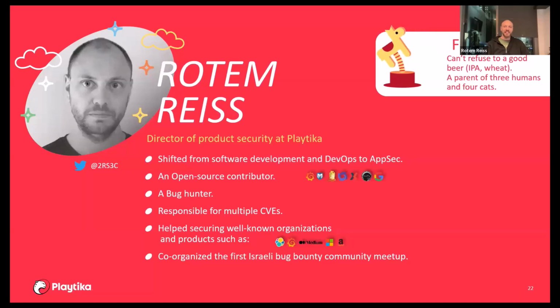I think this is an integral part of the work of protecting something: you need to know how to break it. I'm also responsible for multiple CVEs and helped secure some well-known companies like Microsoft, Yahoo, and products like Elasticsearch. And last, I co-organized the first Israeli bug bounty community meetup together with a colleague of mine. So that's mostly about myself.